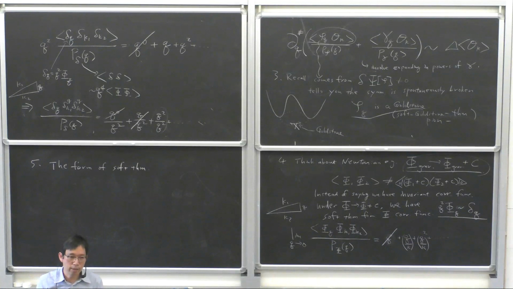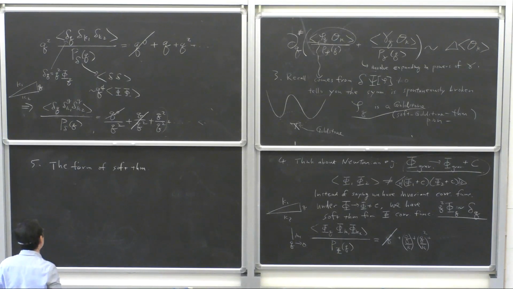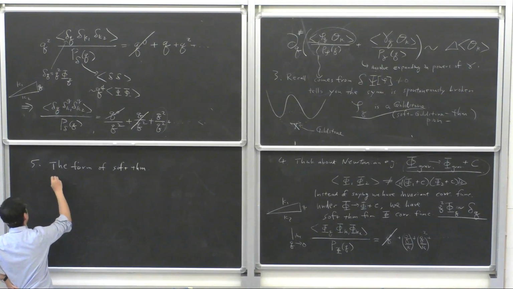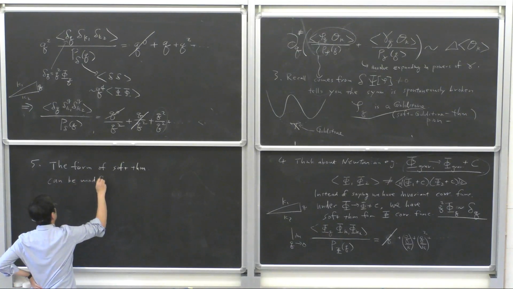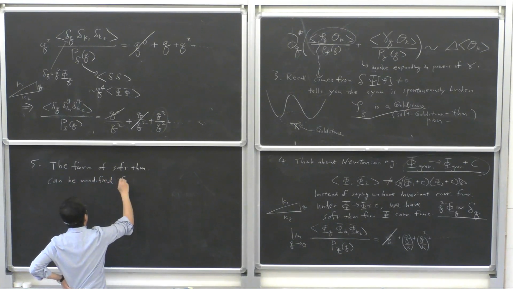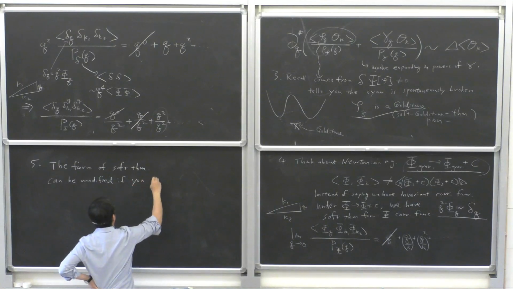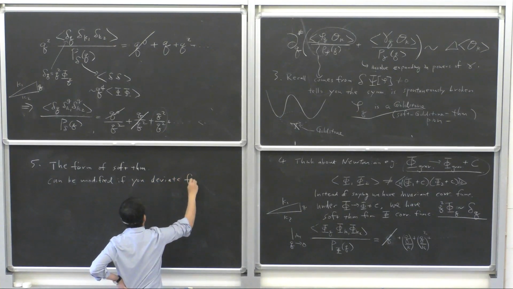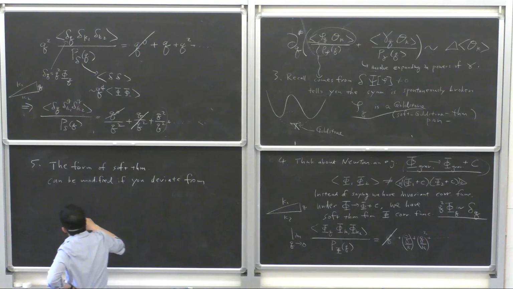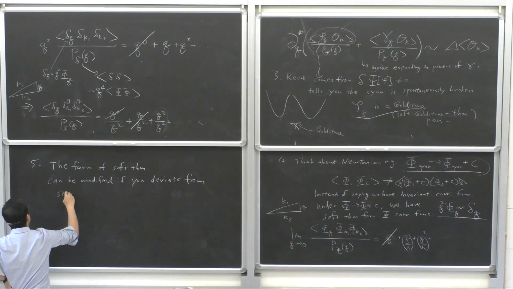It has model assumptions. So the form of the soft theorem can be modified if you deviate from single field slow roll inflation.